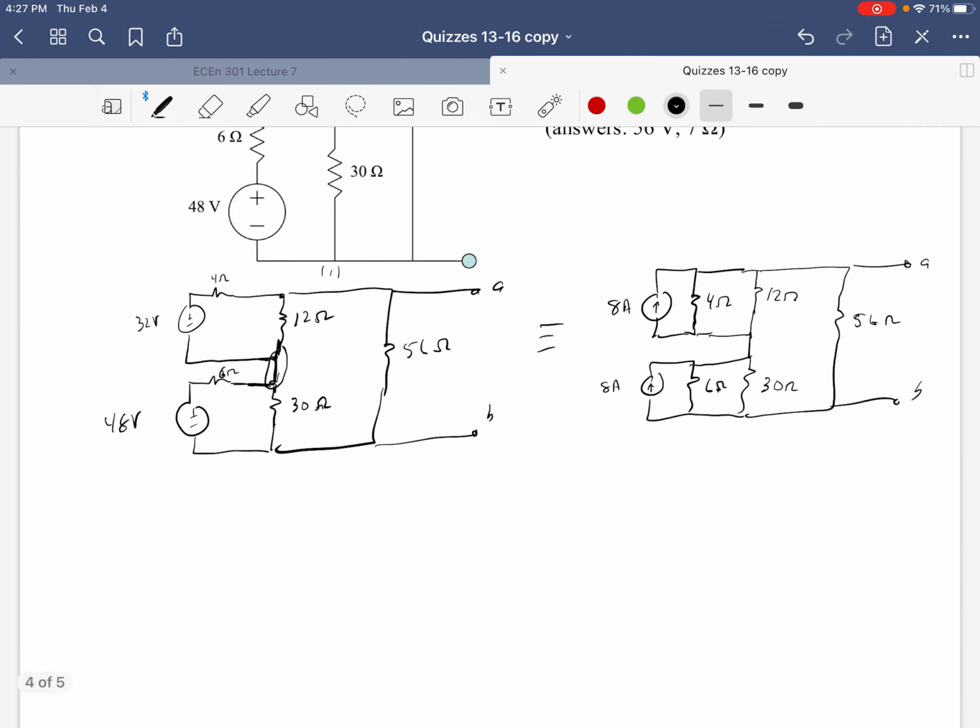All right, so now we can notice that these two are in parallel, and these two are in parallel. So this is equal to, got your 8 amp source here, and then 4 in parallel with 12 is going to be 4 times 12 divided by 4 plus 12.